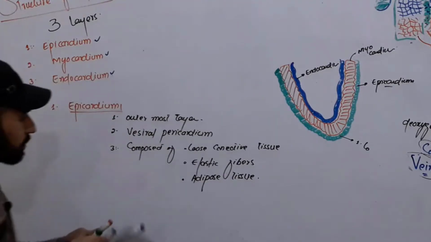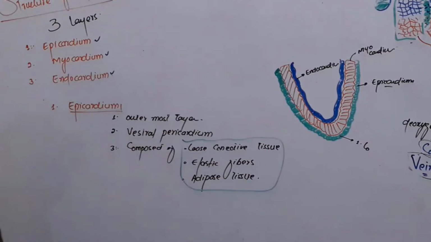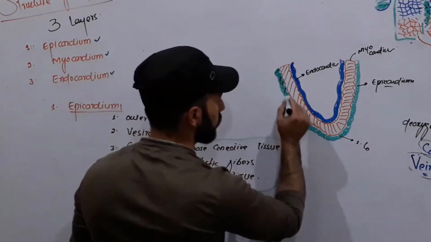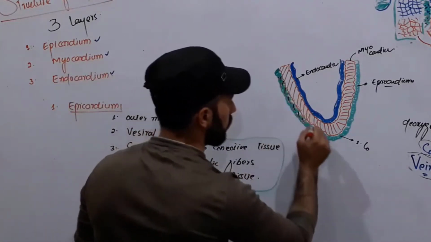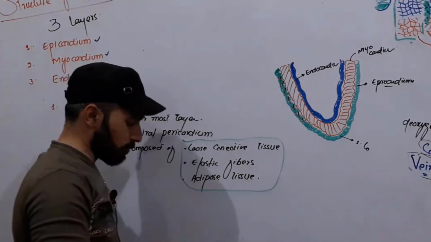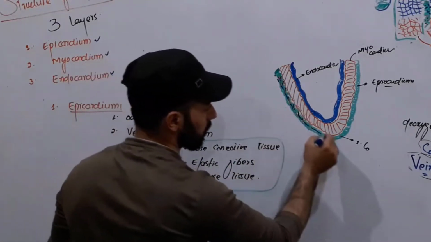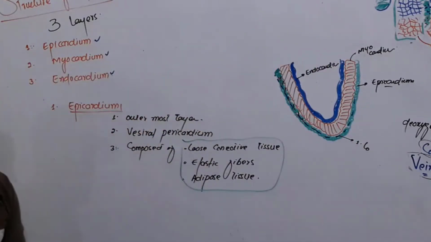So the composition of epicardium is like this. It contains some loose connective tissue, it contains elastic fibers, and it contains adipose tissue so that the temperature of the heart could be maintained and energy could be provided to the heart. Adipose tissue, elastic fibers and loose connective tissue.